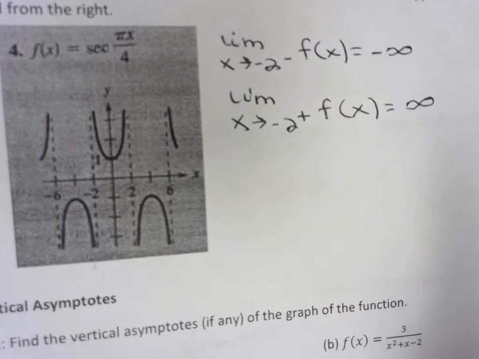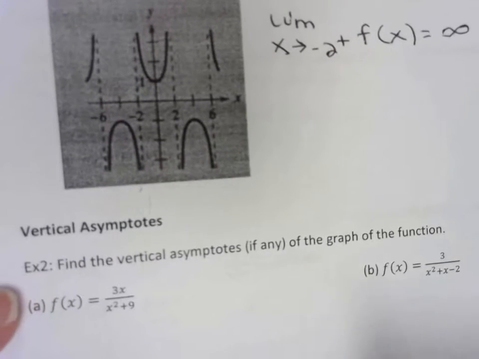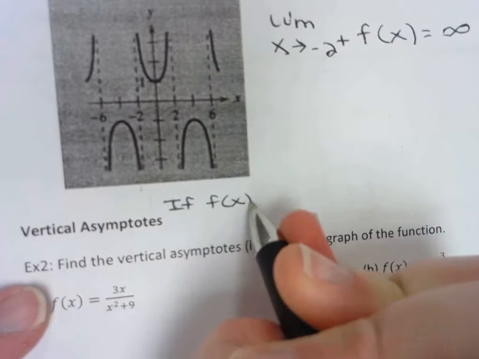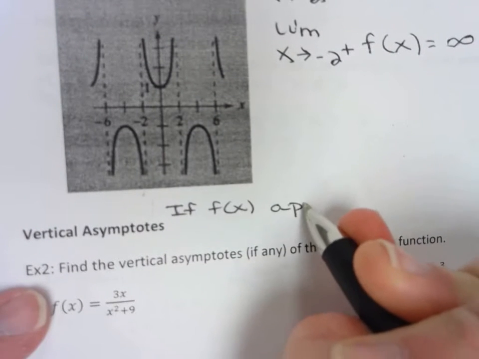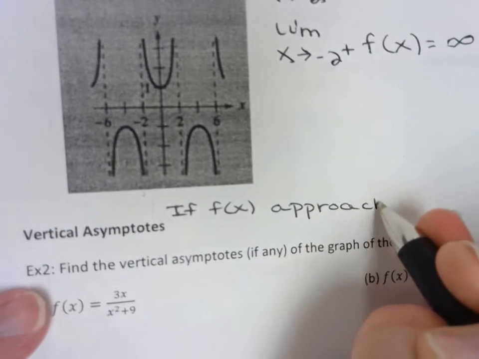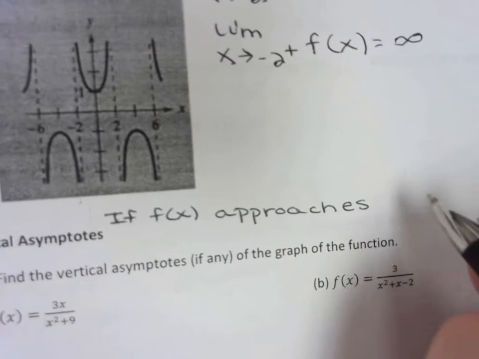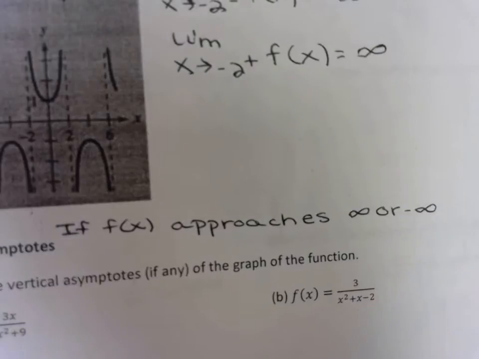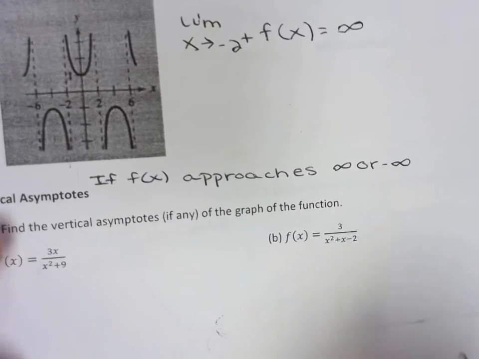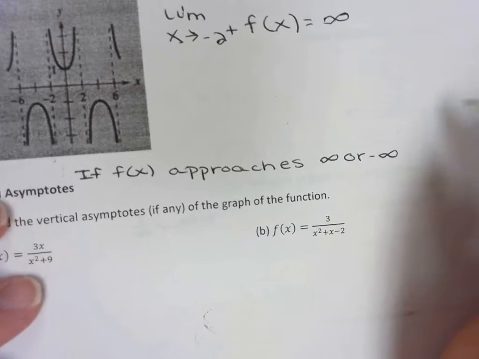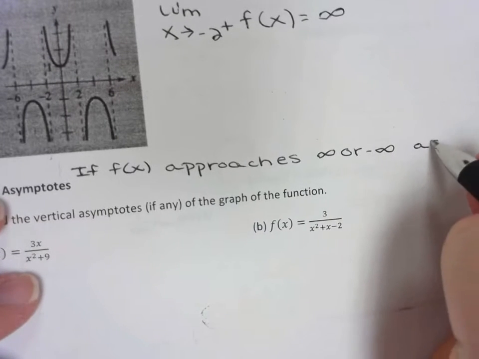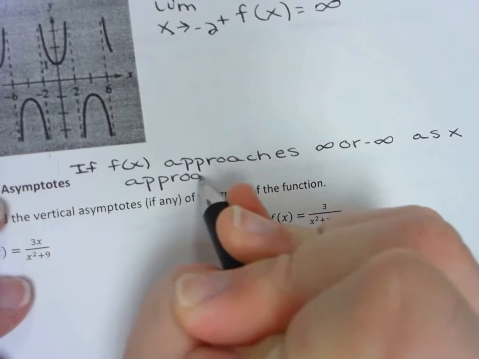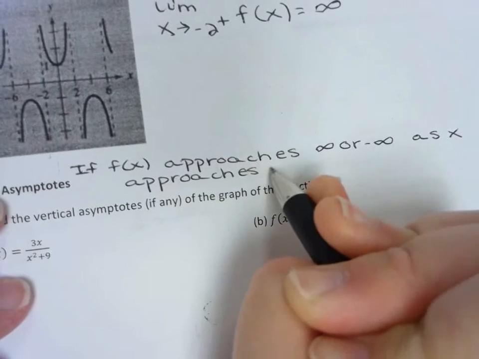Okay? Vertical asymptote. Looking at what we just did, if f of x approaches infinity or negative infinity as x approaches c.